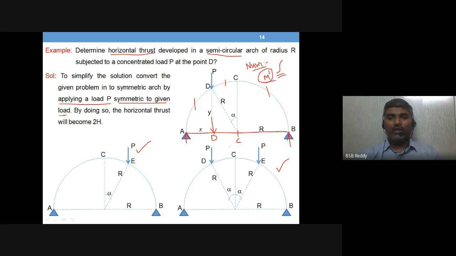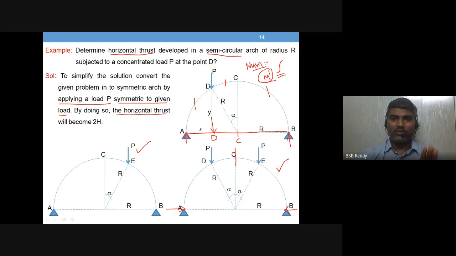If you take a section at C, to the left of C and to the right of C everything is symmetric. The load is symmetric, the geometry is symmetric. So we have converted the problem to a symmetric case. Now the horizontal thrust that you get from this third diagram is not the value that you want.